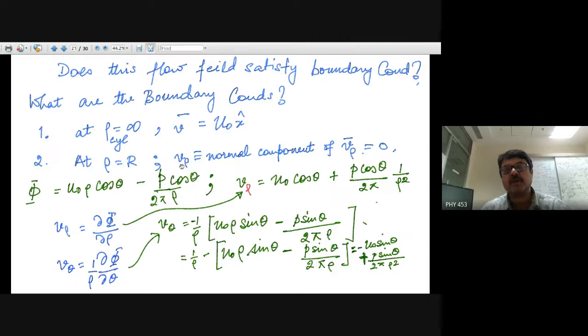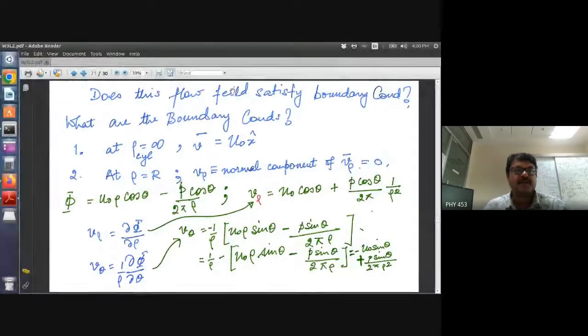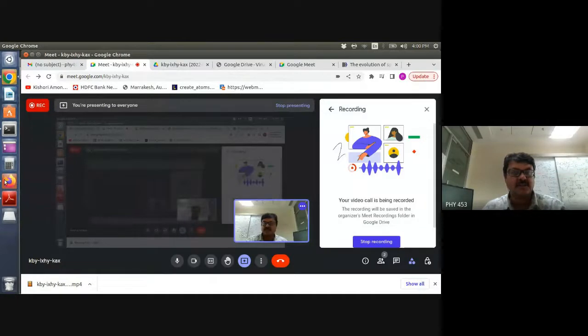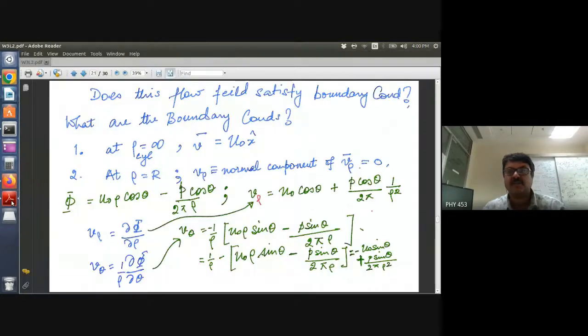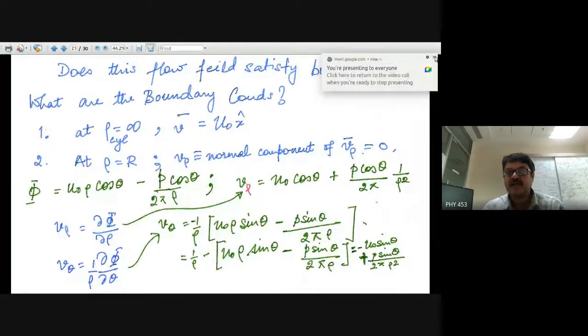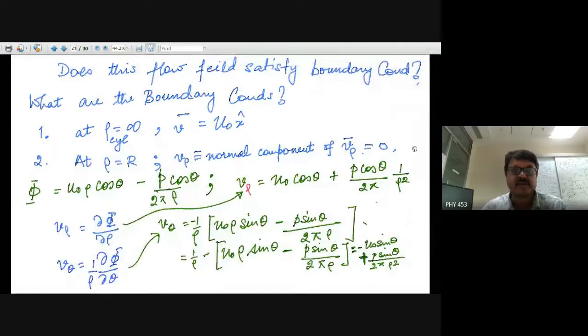So if there's no normal component, that means that v rho equal to 0. There's no radial component of the flow, because if there was a radial component, that would result in the fluid entering the cylinder. So hence v rho is equal to 0.